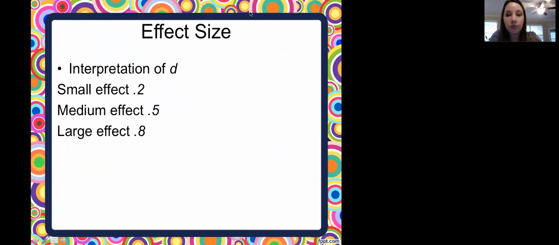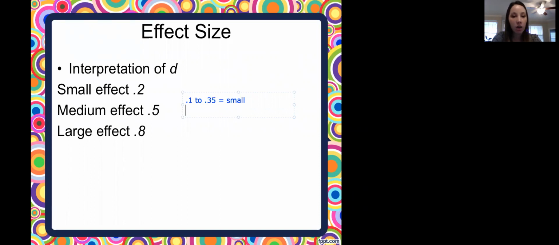When you have an effect size, I'm going to write a little bit more specificity here. So when you've got a Cohen's d value of 0.1 to 0.3, that's in the small range, small difference.